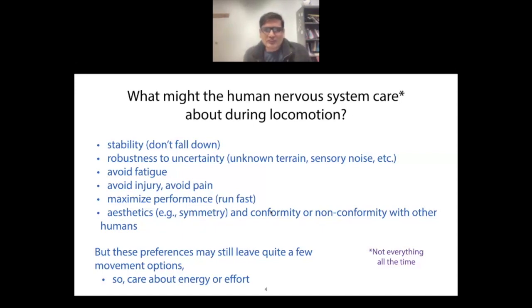In the case of humans, or maybe even in the case of other animals, conformity or non-conformity with other humans might be relevant. Depending on the situation, one of these might be more important than the other.